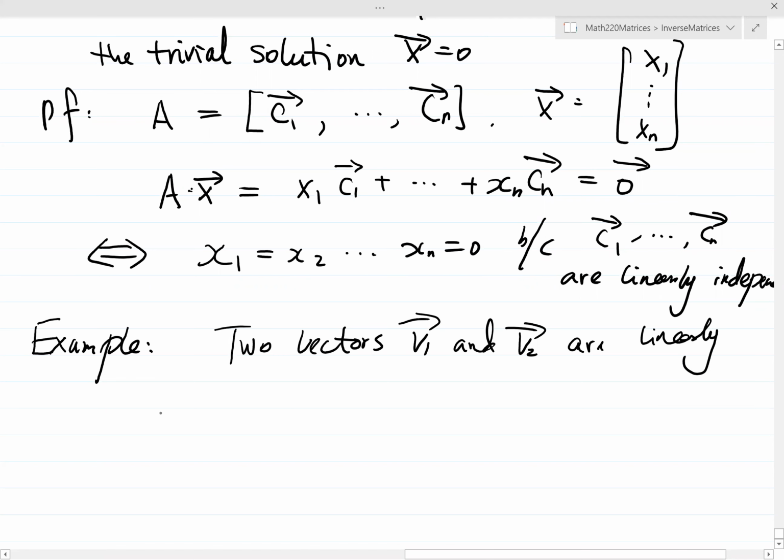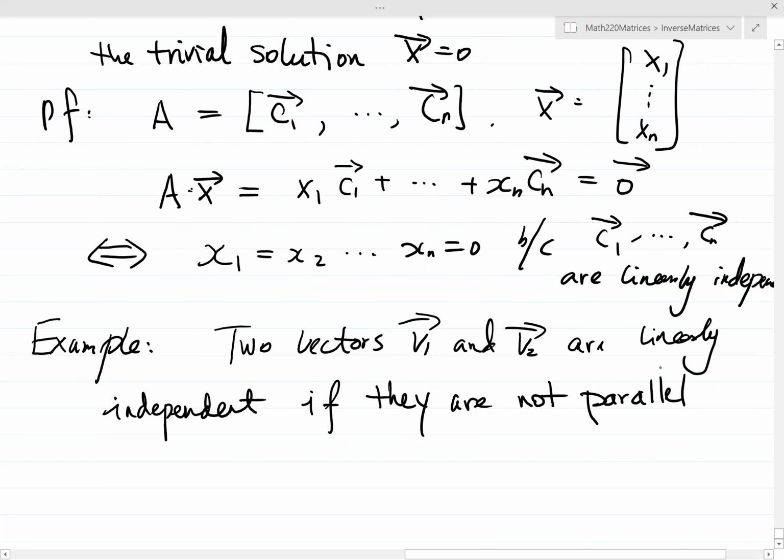If they are linearly dependent, which means they are in the same direction, they can only span a line. They cannot span a plane. So if they are not parallel, they are independent.